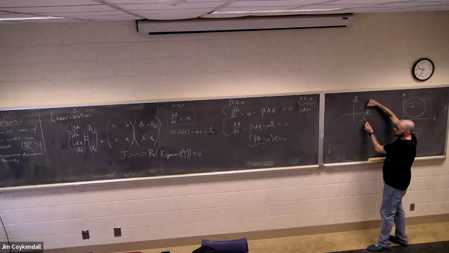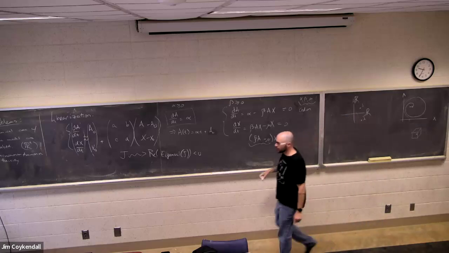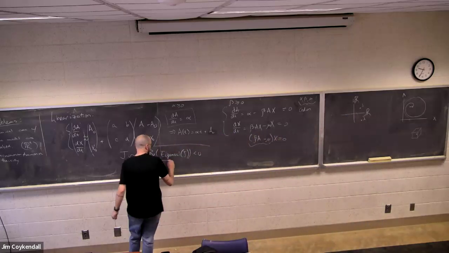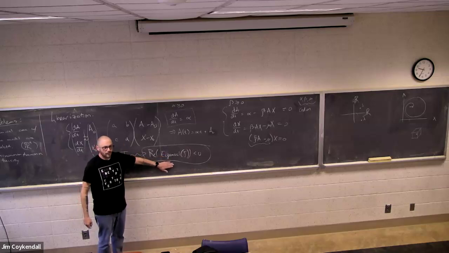What happens sometimes is that if we start over here and we change a parameter a little bit, we end up over here. And that's really important because of this. If the real parts are negative, then the point is stable.